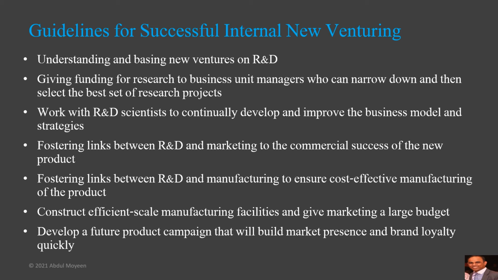And finally, the company should construct efficient scale manufacturing facilities and give marketing a large budget to develop a future product campaign. Promotion is important, and this campaign should build market presence and brand loyalty quickly and well in advance of that product's introduction.